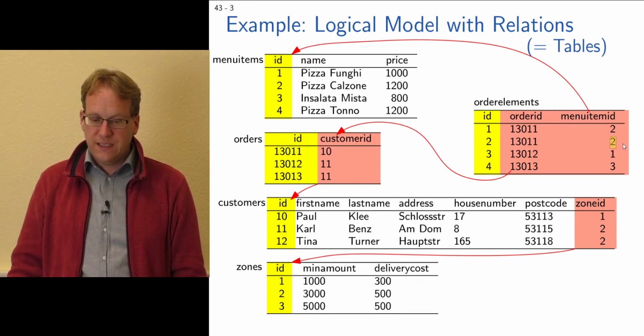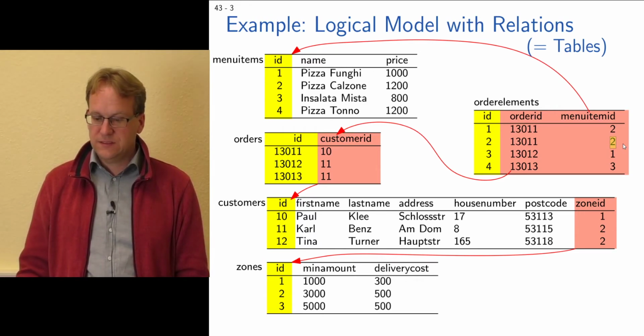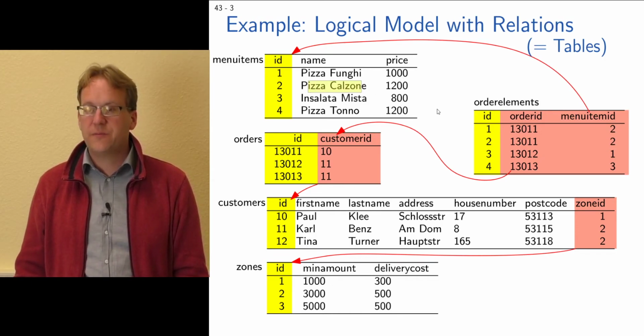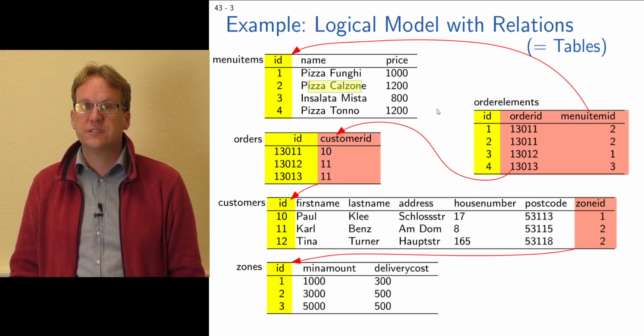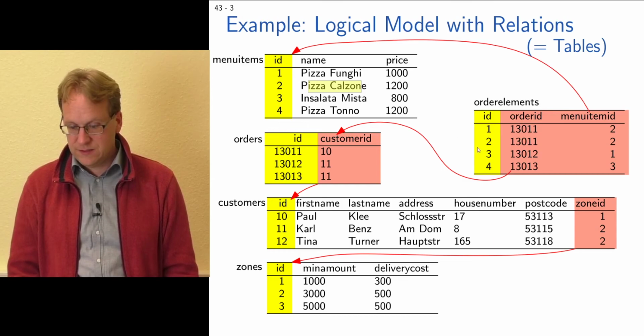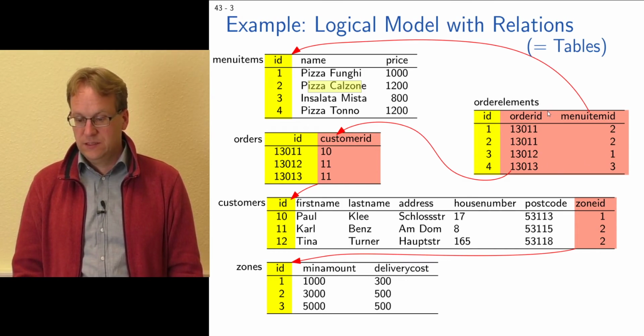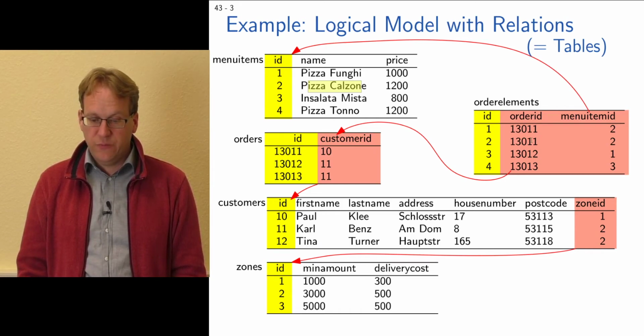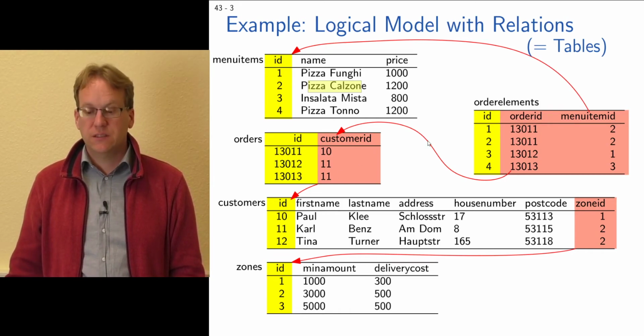So the order with ID 13011 is associated twice with pizza calzone. So in other words, someone here ordered 2 of these pizzas. And that is represented now in this table: how many menu items and which were ordered in each order.